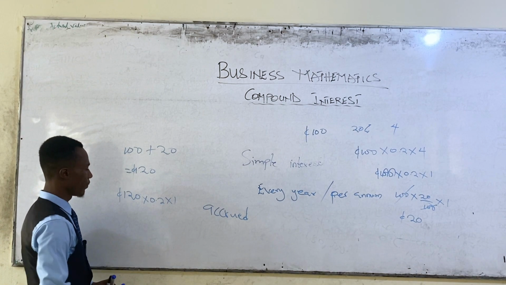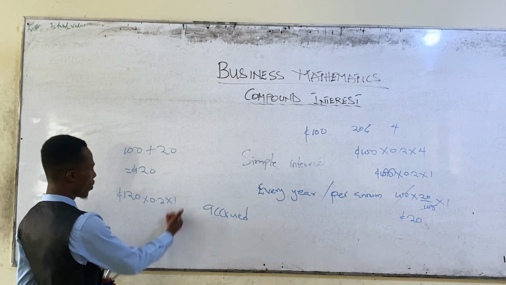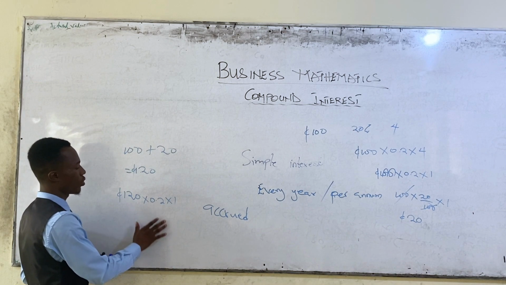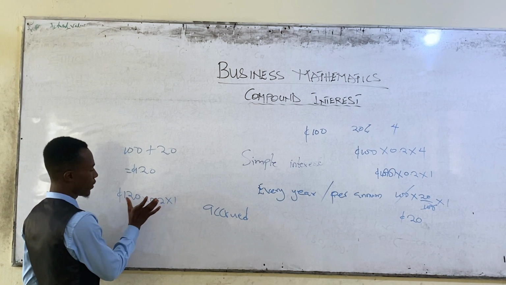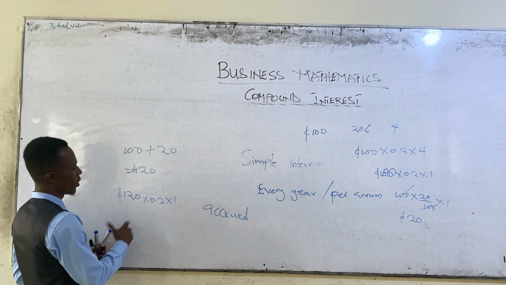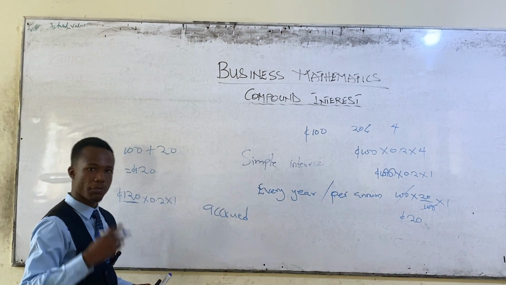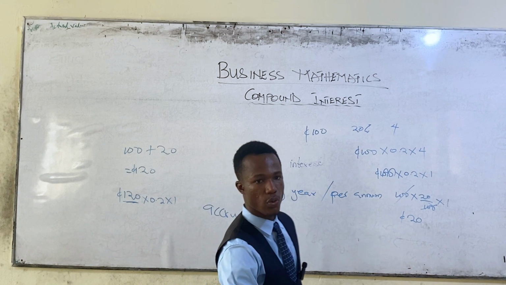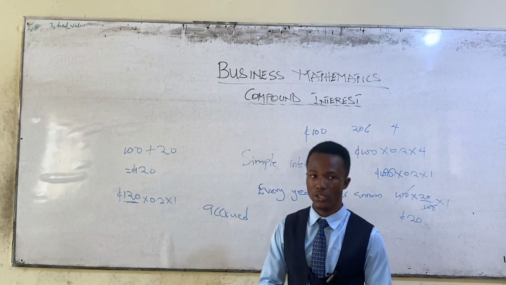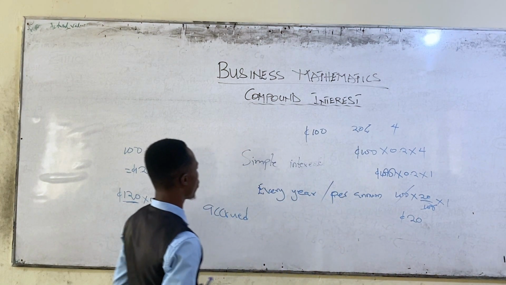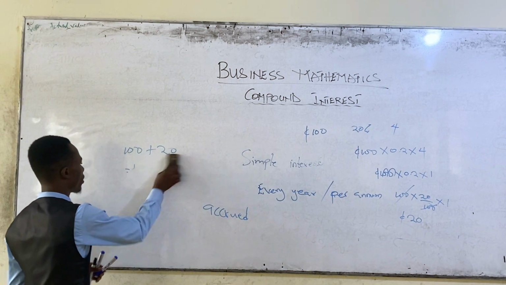Is that good? After getting the answer for this second year, you add the interest to this principal to get the amount for the third year. So when we say compound interest, this is compound interest. This is how we solve for compound interest.